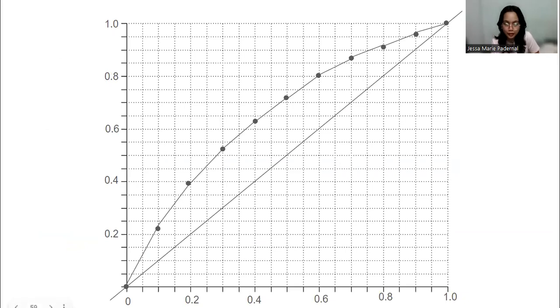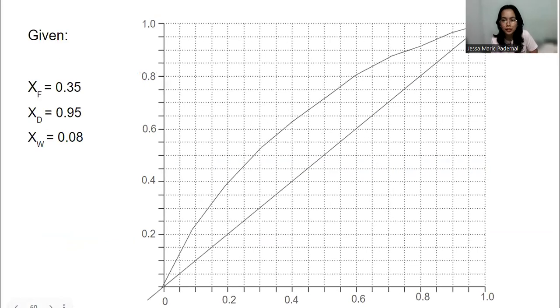For our graph, we have our equilibrium curve, and our given is xf equal to 0.35, xd equal to 0.95, and xw equal to 0.08. For our 0.35 feed composition, we locate this on our x-axis, and then we draw a vertical line towards the center line, which will be our point xf.